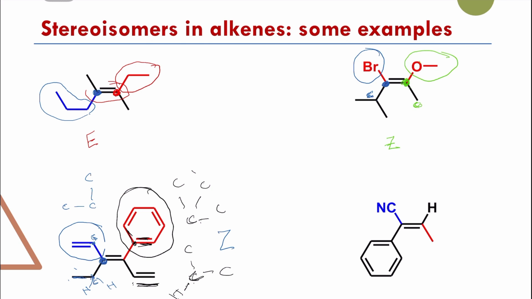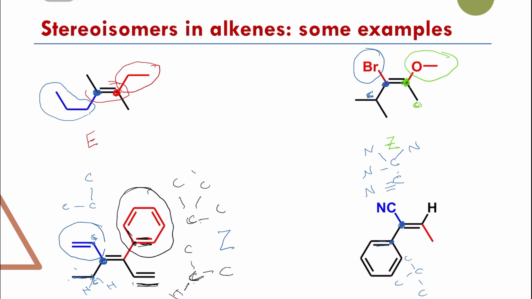Now this last one, have a look at the first carbon. The first one has two groups, CN, which means C triple bond N. So we will consider this as a carbon attached to three nitrogens. And this is a phenyl group, so this carbon is attached to three carbons.